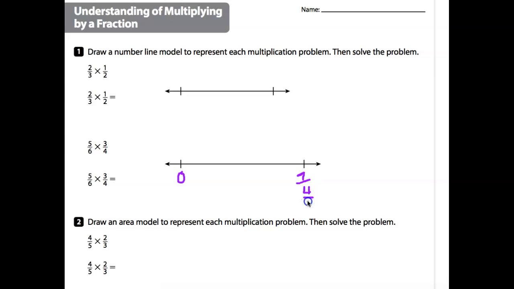That looks funny, doesn't it? I'm going to start that again. All right, so this is 0. And this one here is 4/4, which is the same as 1 whole.